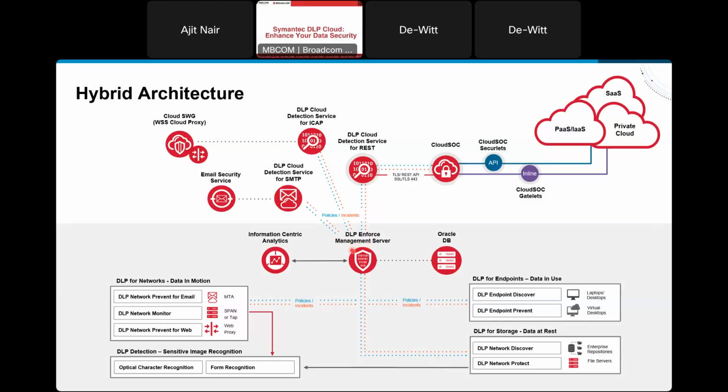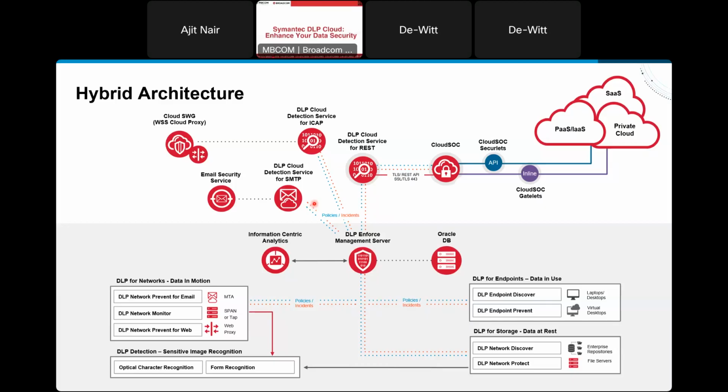Okay, and one more question came. Let's say the customer is using cloud exchange like Office 365 and email security cloud, and we want to integrate cloud ERP. What will be the email flow in this case? Okay. So we do support Office 365 and Google Workspace, so emails from these two vendors we do support.